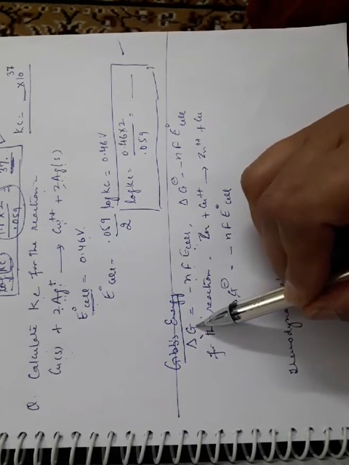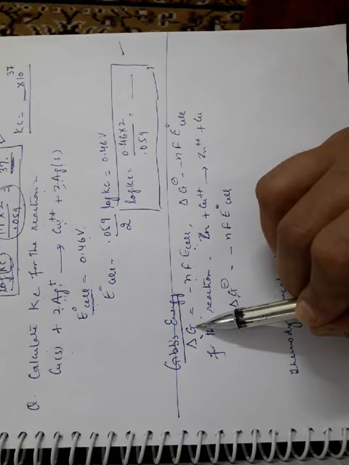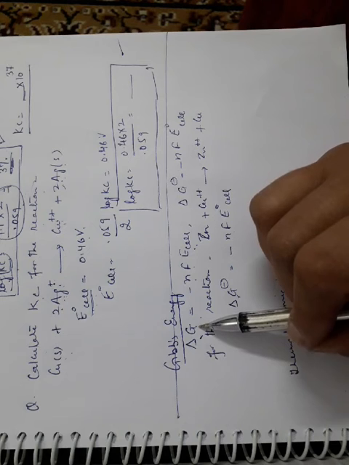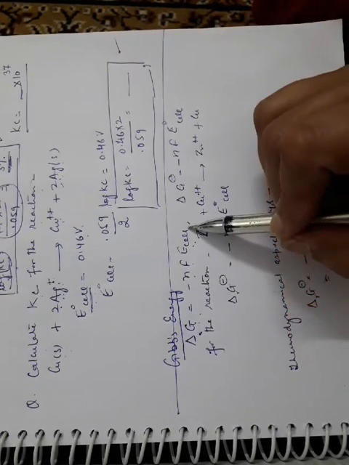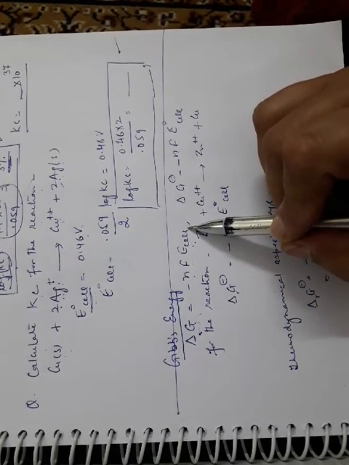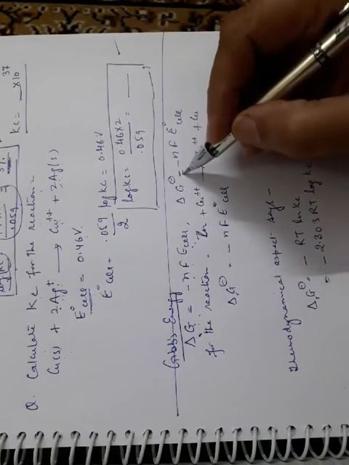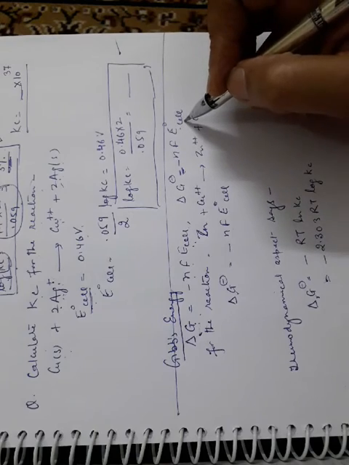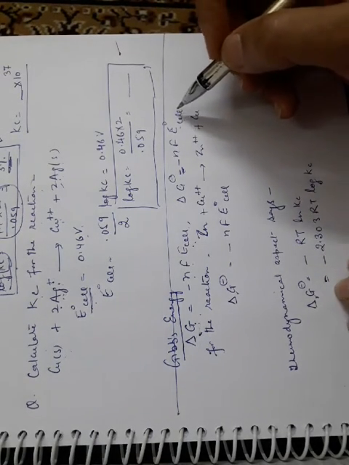Delta G is the Gibbs free energy change. We have also studied the thermodynamic aspect that if delta G is negative, the reaction is spontaneous, otherwise the reaction is non-spontaneous. If standard conditions are taken, it becomes delta G naught equals minus nF E naught cell. E cell becomes E naught cell if the standard conditions are followed.